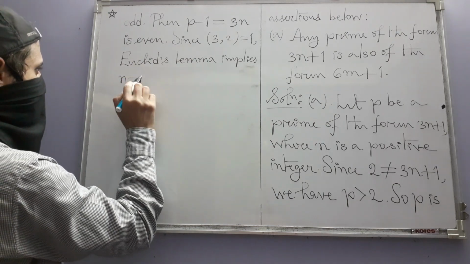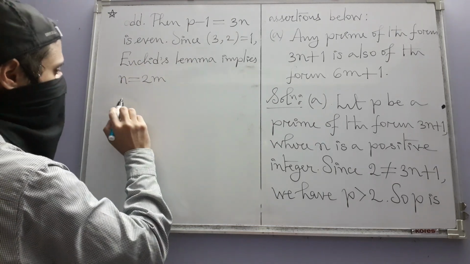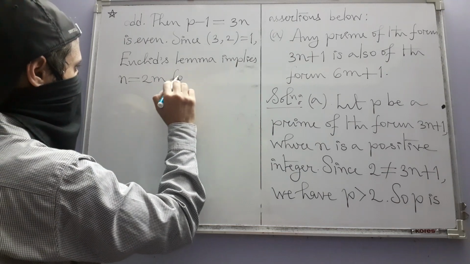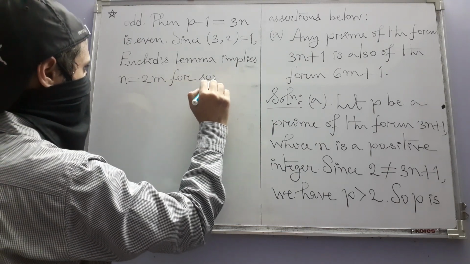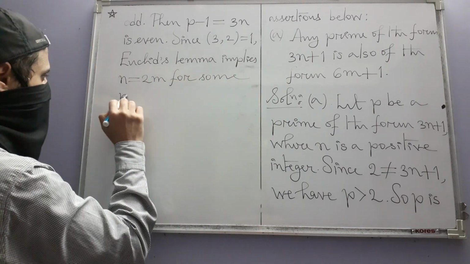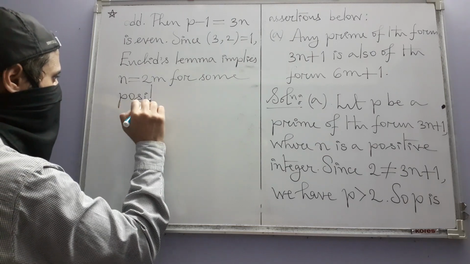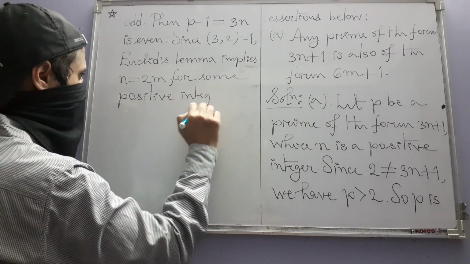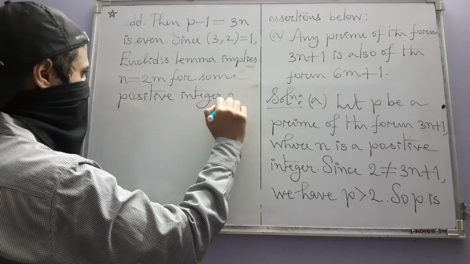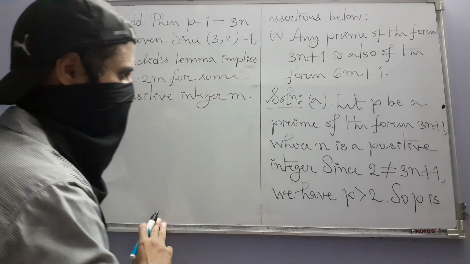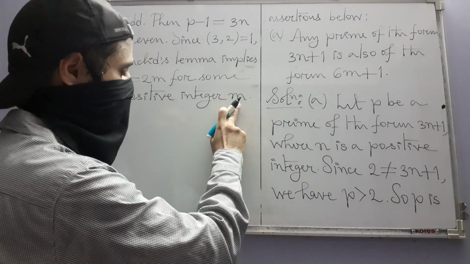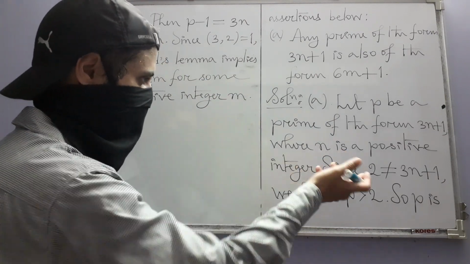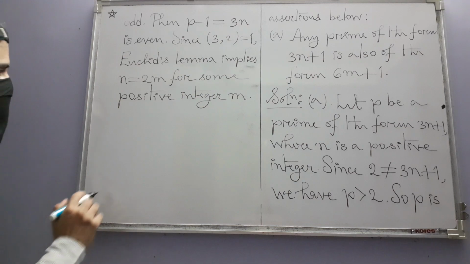So this implies that n has to be equal to 2m for some positive integer m. Okay, why should we have m positive? Because n itself is positive, that's why.